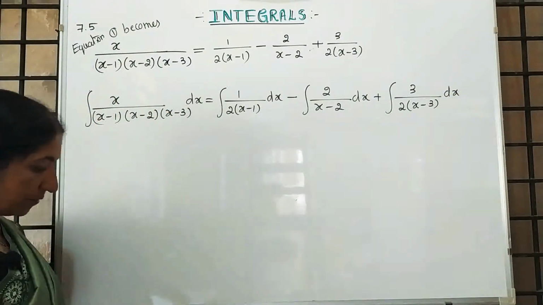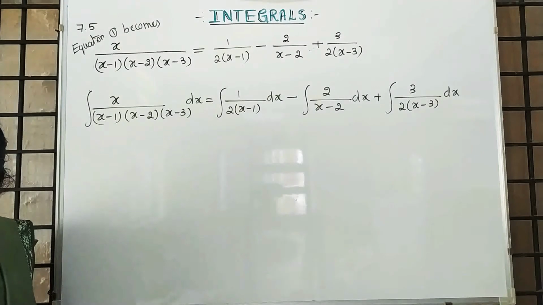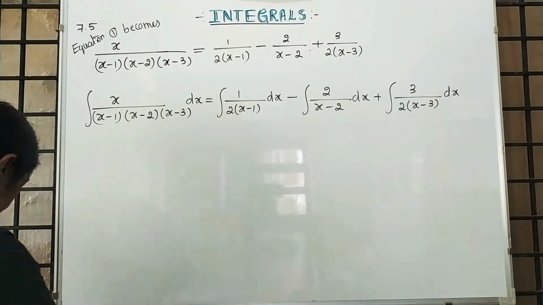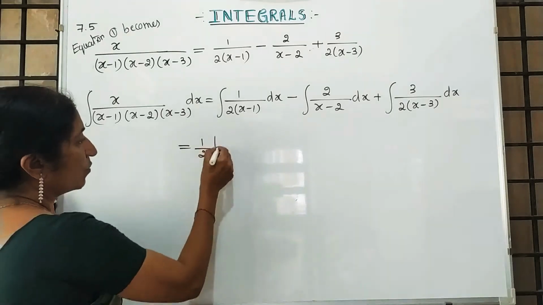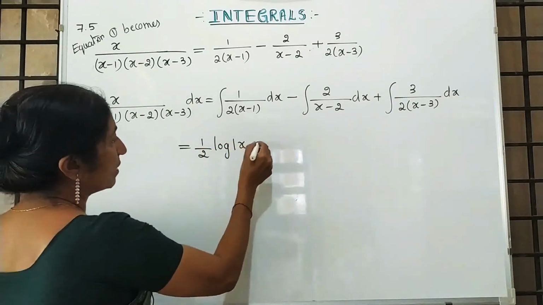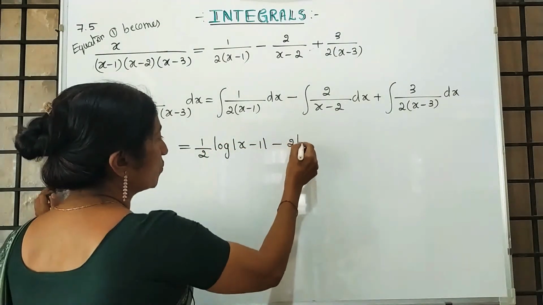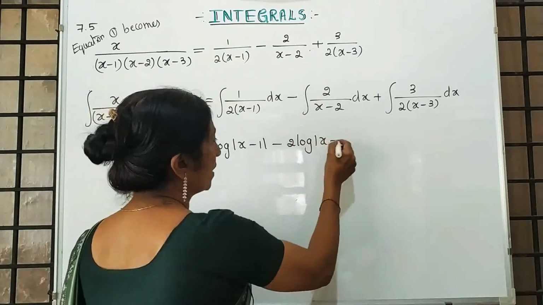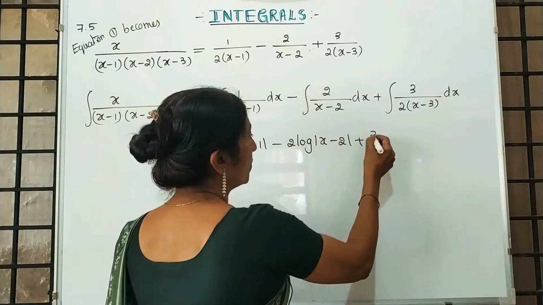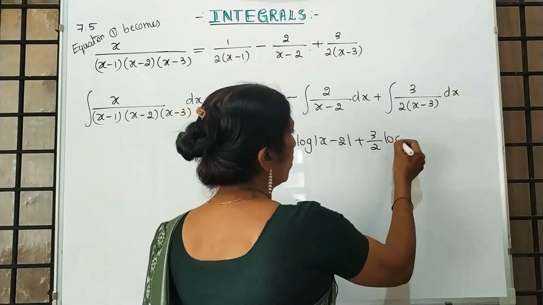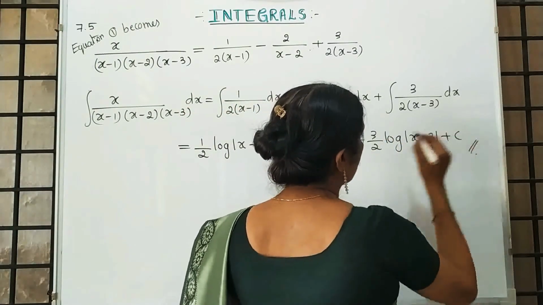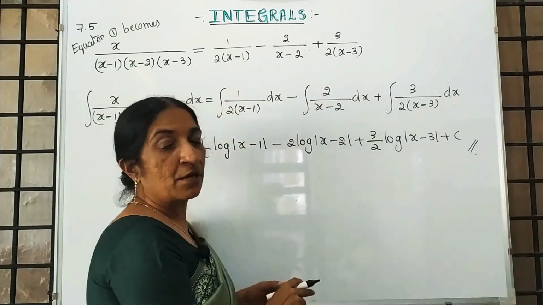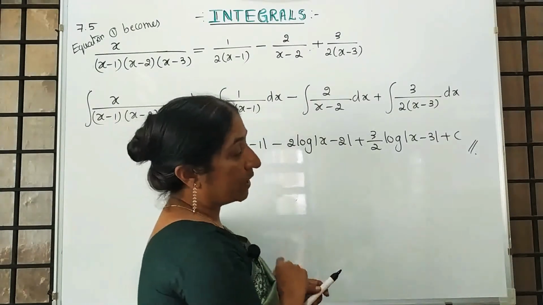Now integrate. It is 1 by 2 log of (x minus 1) minus 2 log of (x minus 2) plus 3 by 2 log of (x minus 3) plus c. So one more example I give you as a homework. I will solve that example next.